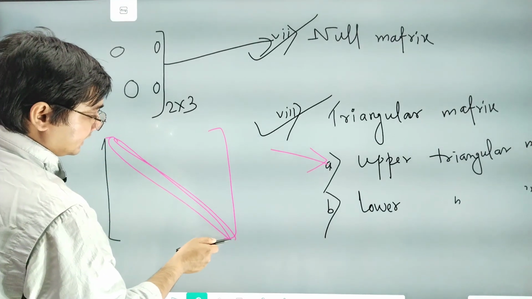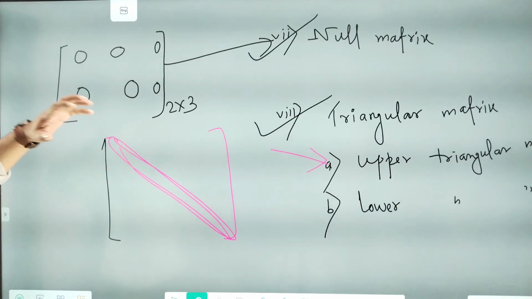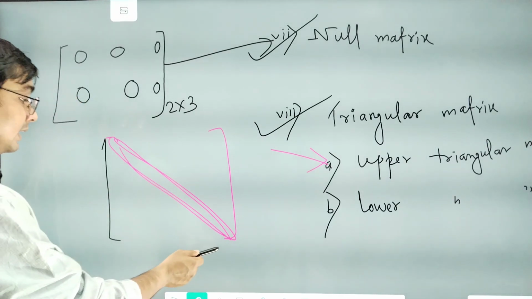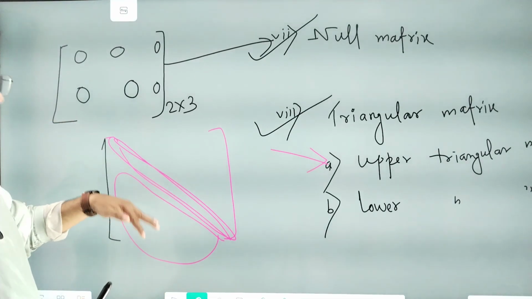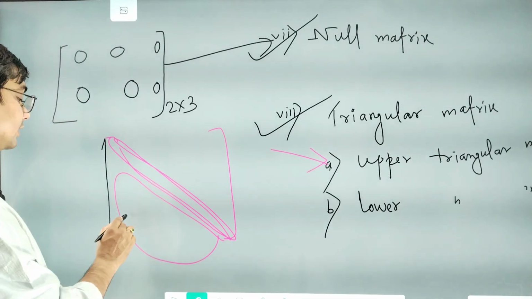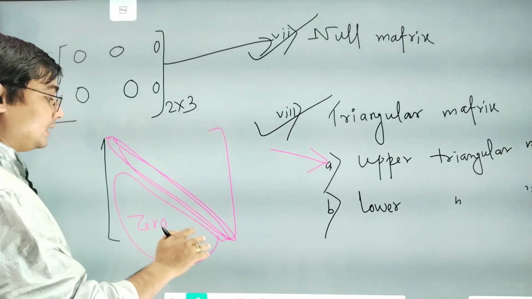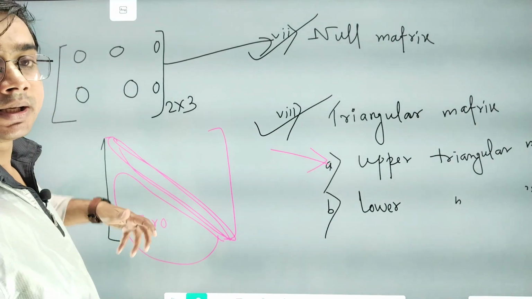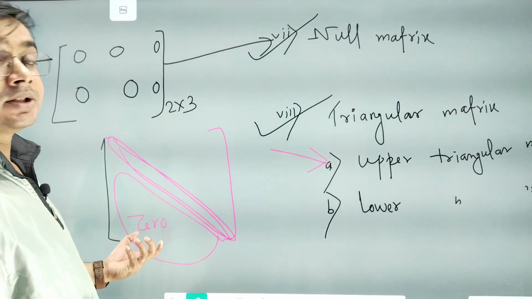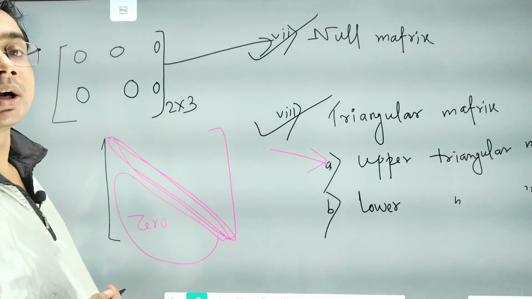If a matrix has all the elements below the principal diagonal equal to 0, then we call the matrix an upper triangular matrix.